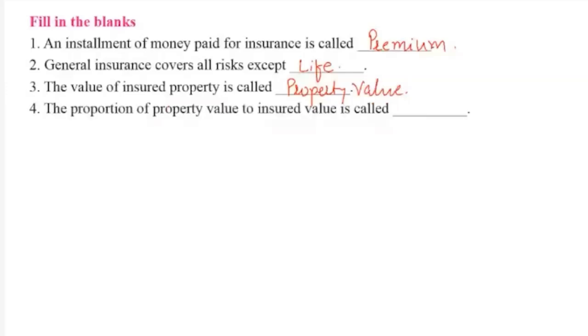The proportion of property value that is insured is called policy value. Property value multiplied by some proportion, 70%, 80%, will be the policy value.